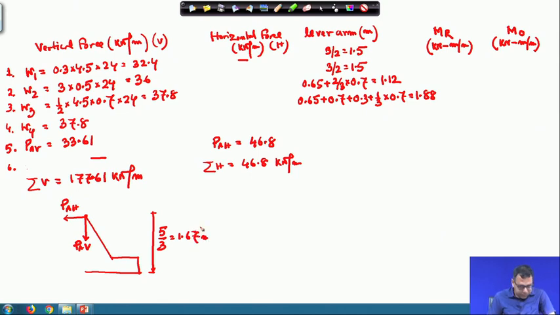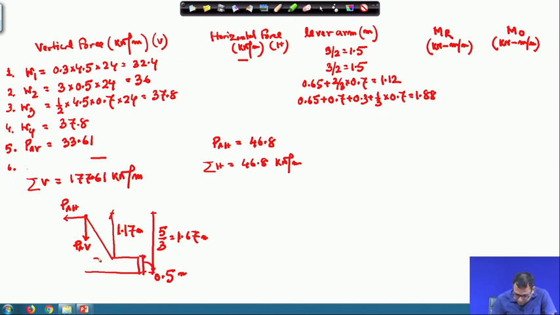So, I can write, this one is 0.5 meter, so from here to here it is 1.17 meter, 1.65 minus 0.5.